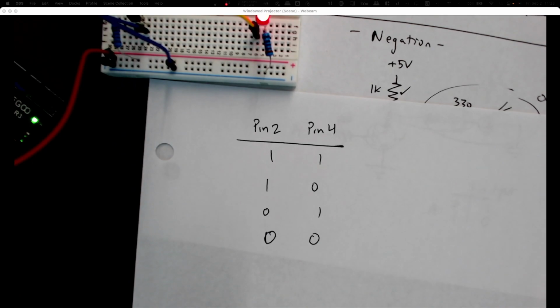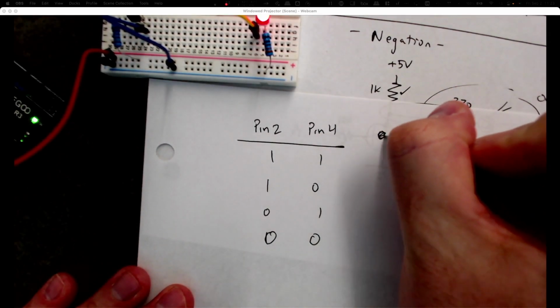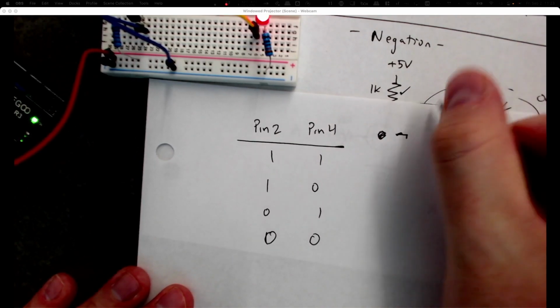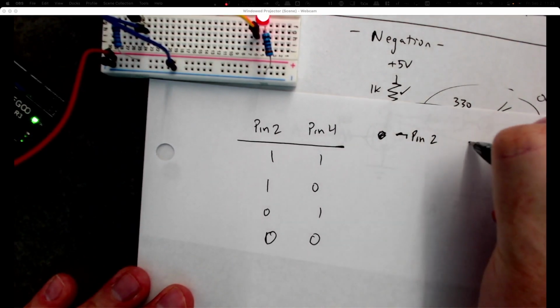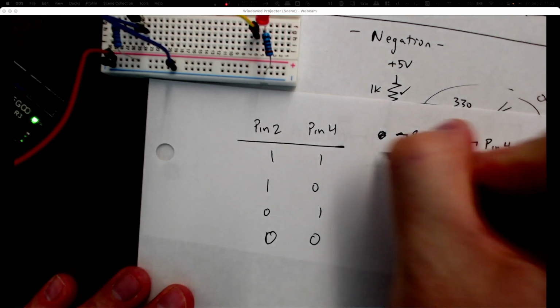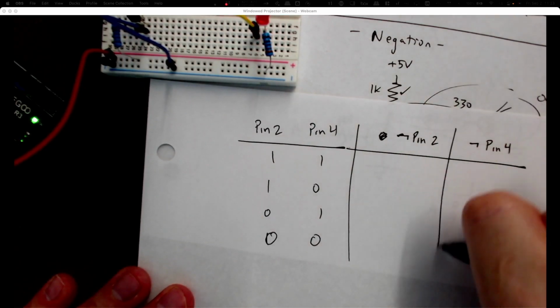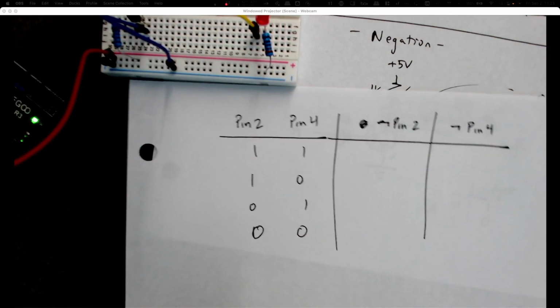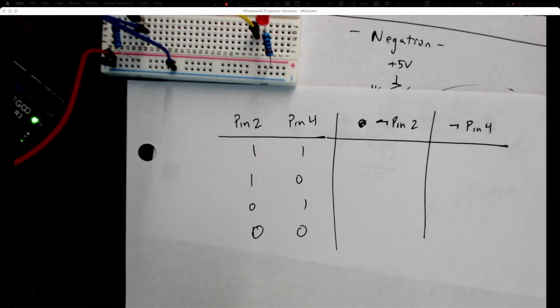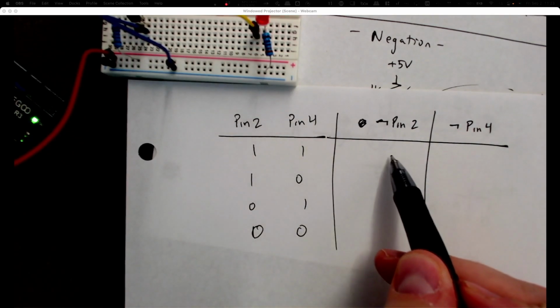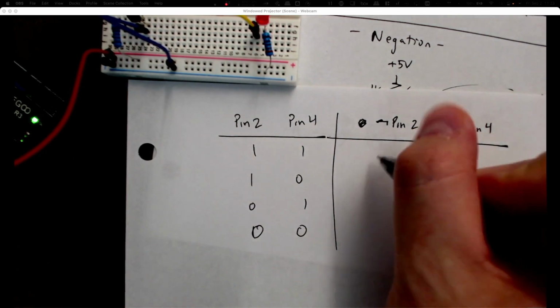Now, this particular circuit, I'm only either using pin 2 or pin 4, but I'm not using both of them simultaneously. So what is the opposite of pin 2? And what's the opposite of pin 4? What do you think opposite means here? So if pin 2 is a 1, what should the opposite of pin 2 be? 0.